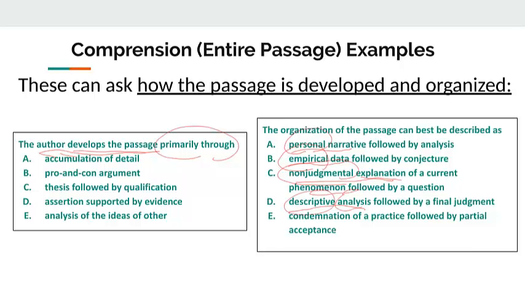Always pay attention to those adjectives, because test makers will try to trip you up with, if you recognize, for example, that you're reading something that is analysis, that could be included in one of the distractors, but perhaps it's not descriptive analysis, right? Or it's an explanation, but it's not non-judgmental. So make sure you pay attention to those adjectives.